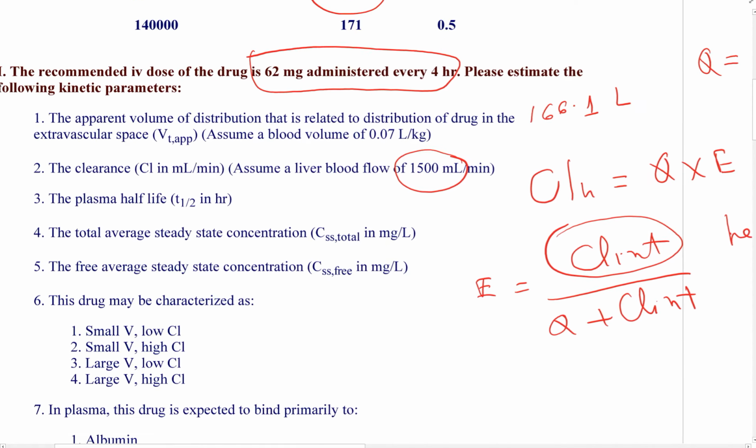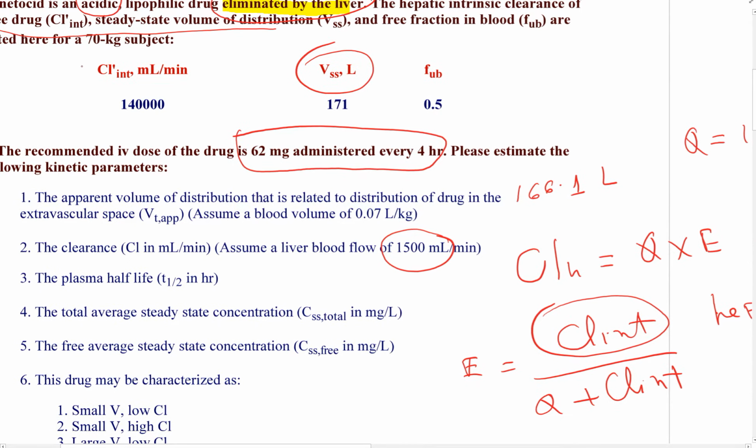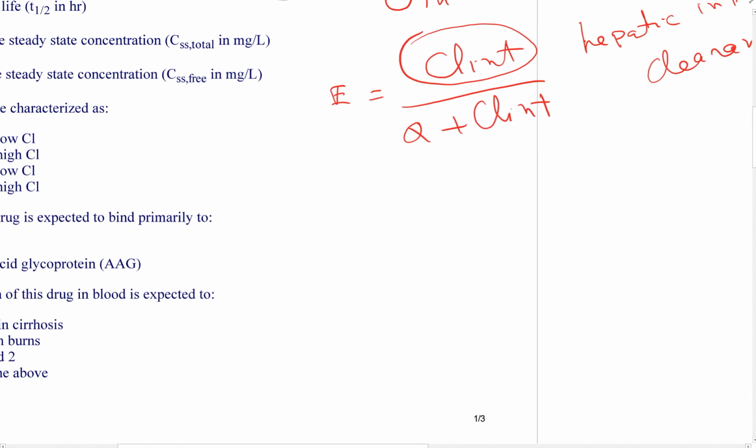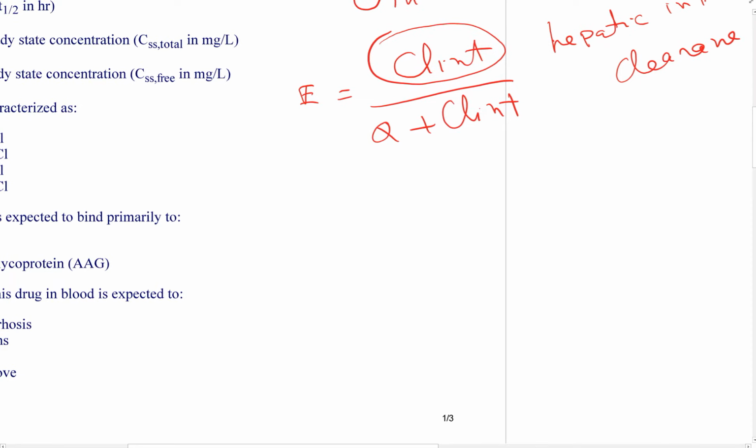But what we have here is the intrinsic clearance of the free drug, so we have to do another step. CLINT is going to be CLINT of free drug times FUB.